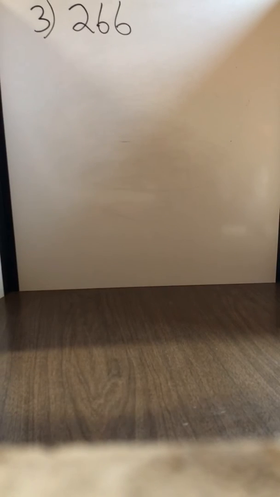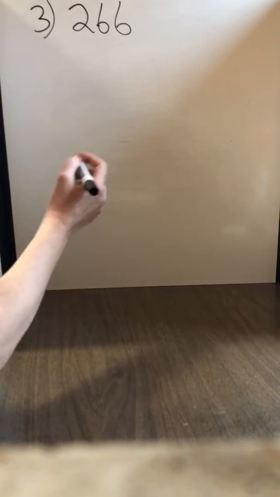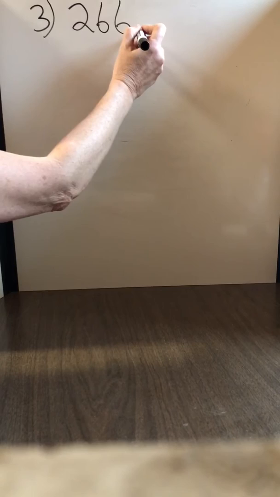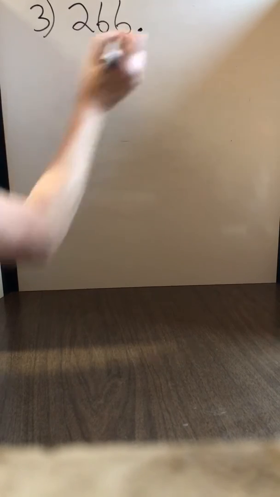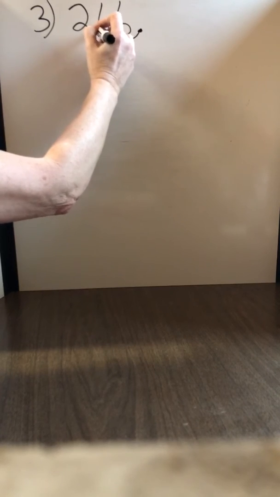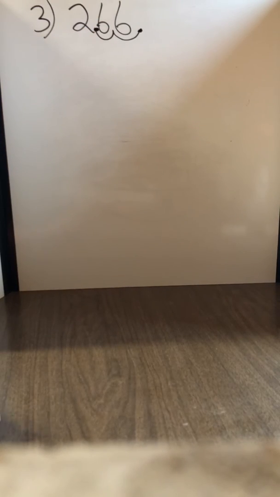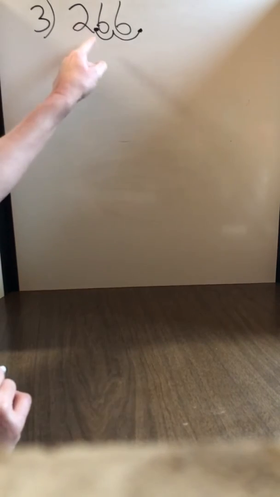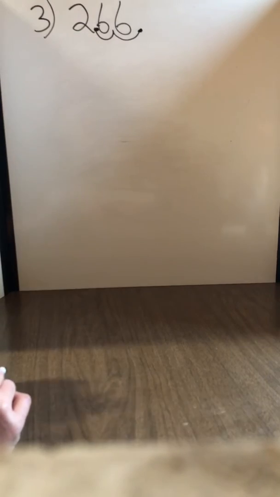The way I make sure it's between 1 and 10 is I look at where the decimal place currently is, and I'm going to move it to the right of the first non-zero digit. 2 is not a 0. That's my first non-zero digit, so I'm putting the decimal right to the right of it.